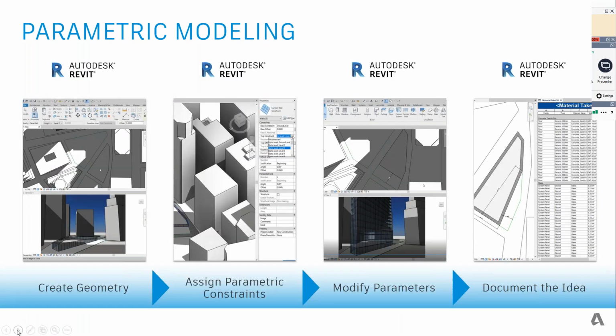Revit is the tool which brought this whole parametric modeling concept within the AEC domain, largely starting off with architecture and then spreading into MEP and structures, and today even into the civil infrastructure space.